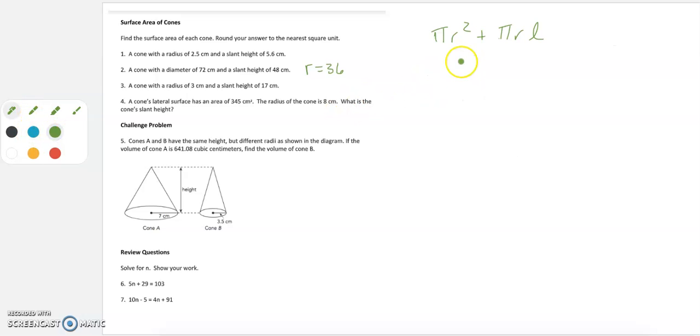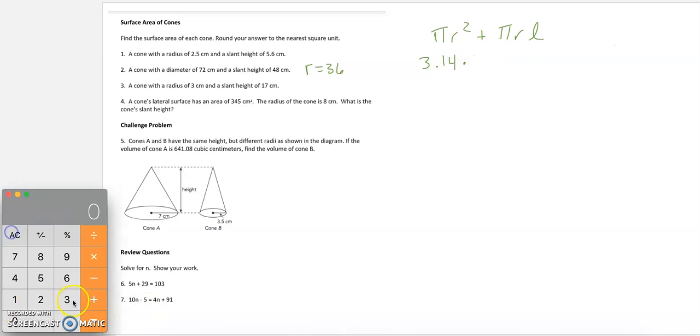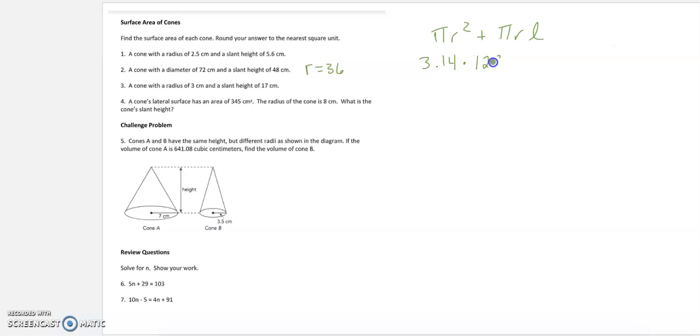So here we go. We have 3.14 times the radius squared. Again, the radius was 36, so 36 times 36 is equal to 1,296. Plus 3.14 times the radius, which is 36, times the slant height, which is 48.